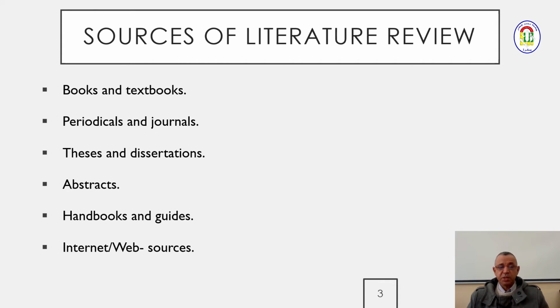Of course, textbooks also are important sources that we can use to have any useful information in relation to our research topic. We have periodicals and journals, very important source.